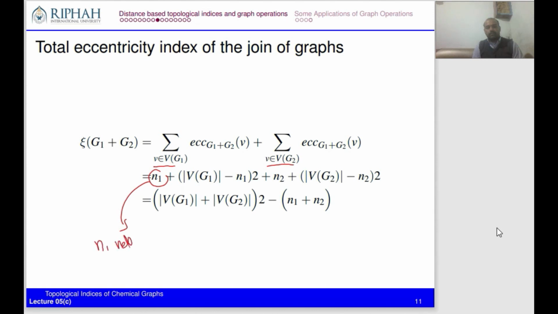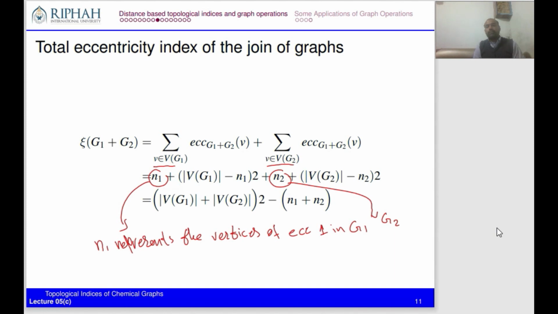N1 represents the vertices of eccentricity 1 in G1. Similarly, N2 represents the vertices of eccentricity 1 in graph G2. So the vertices with eccentricity 1 are represented by N1.